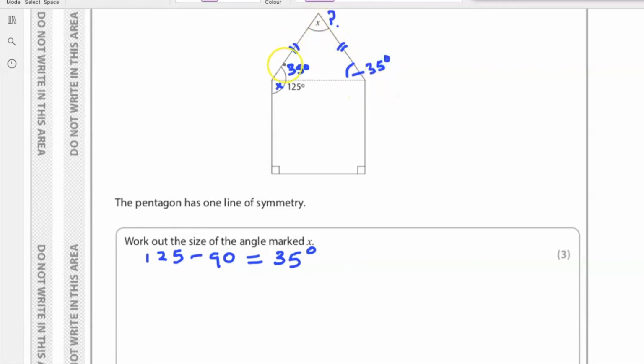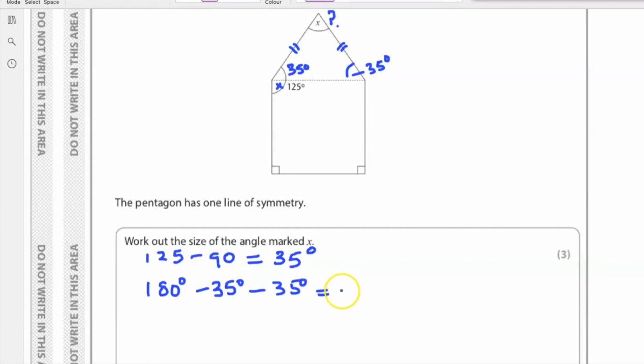A triangle is 180 degrees, so we need to take away both angles from 180. 180 degrees take away 35 degrees, take away the other 35 degrees.